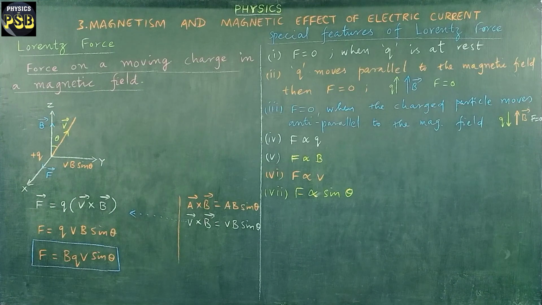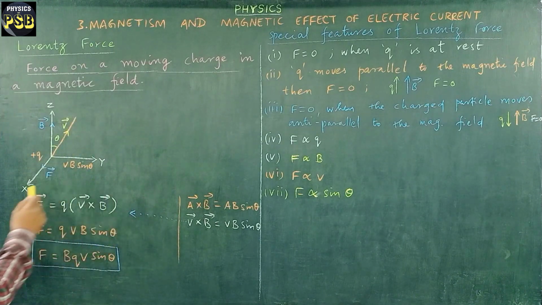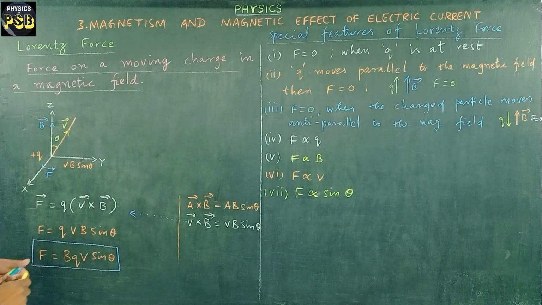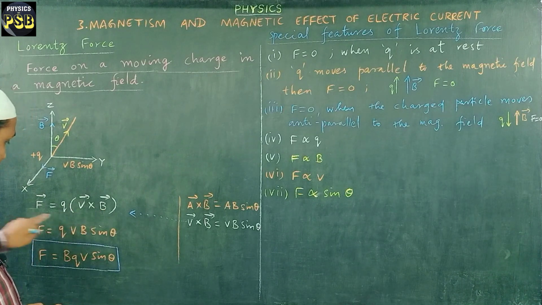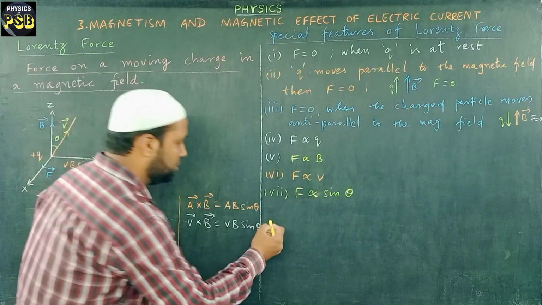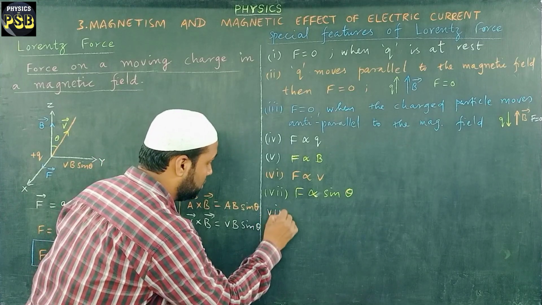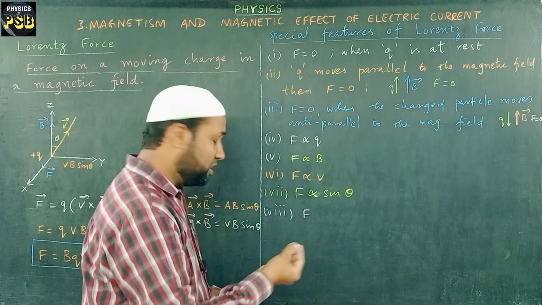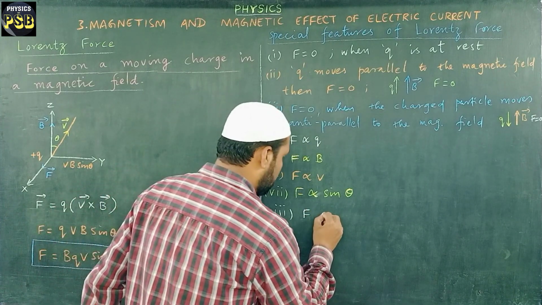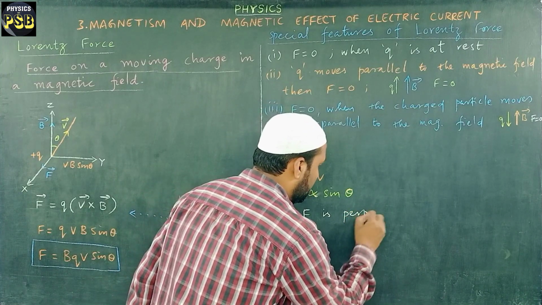The next step, from this expression, we are going to get one thing. As V and B are in a cross product in this expression, F is found to be perpendicular.